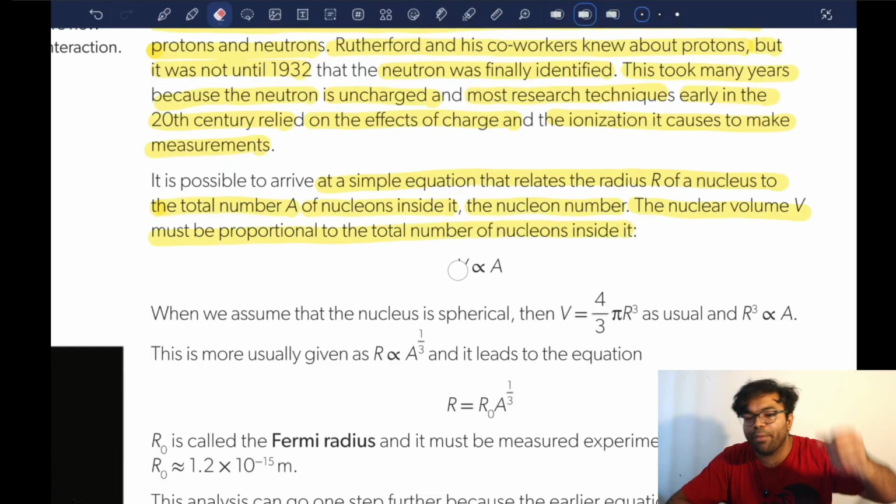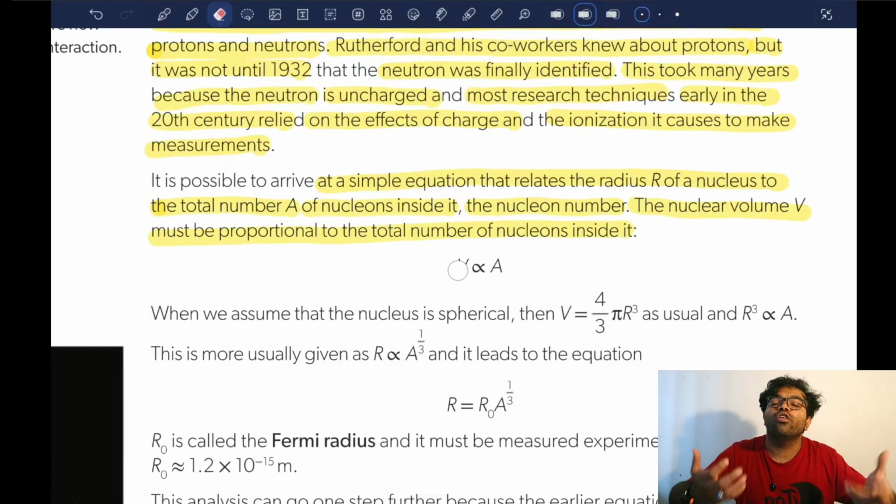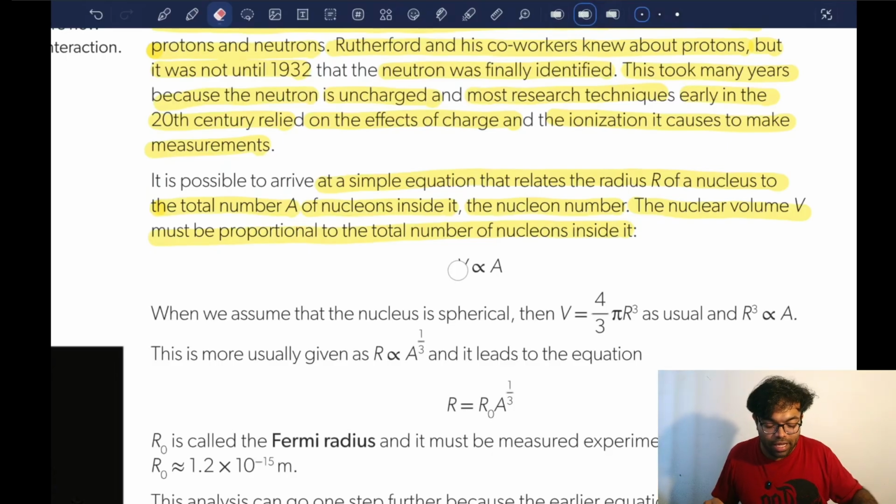If you pour in more M&Ms, more volume is being used. This is what they're trying to say: as the number of nucleons in the nucleus increases, the volume of the nucleus also increases.